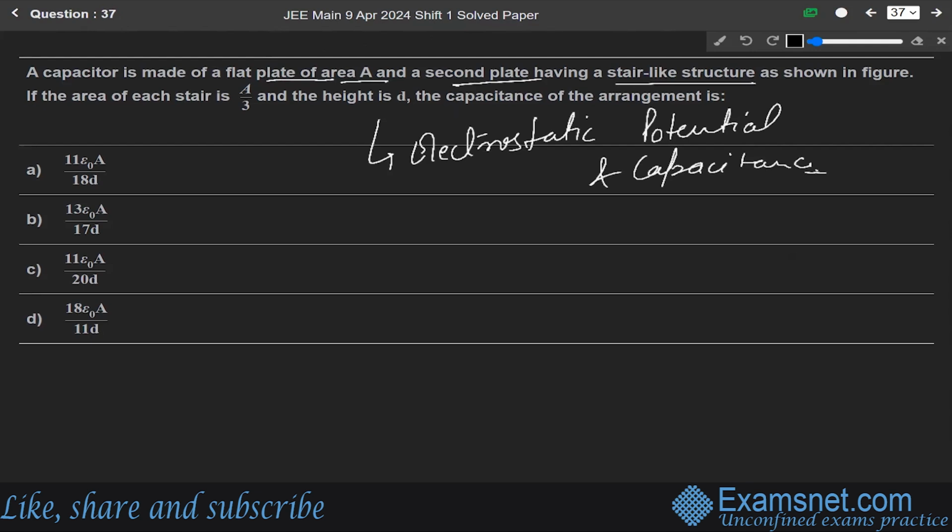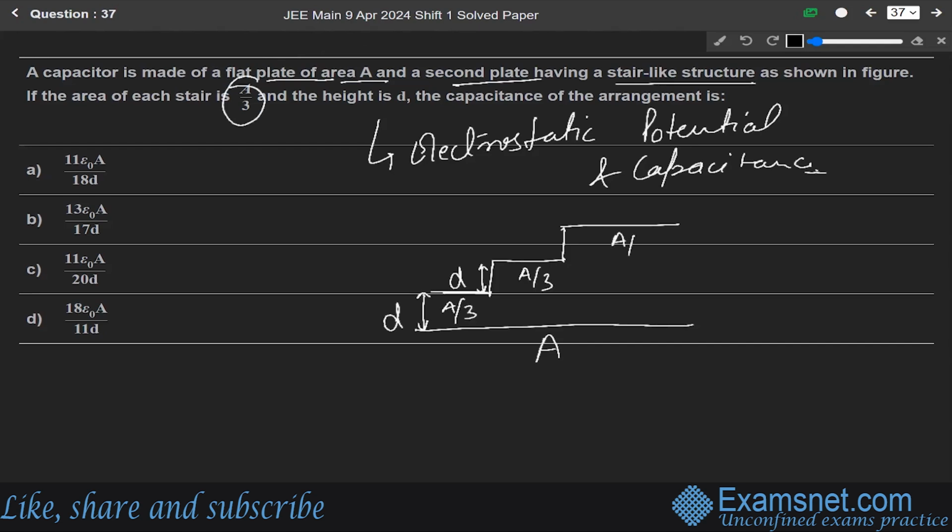Let us say this is the flat plate, it has an area A, and the second plate has a stair-like structure. Let us say the distance between them is d. The area of each stair is A by 3 according to the question, and this distance is d, which means this height is d.